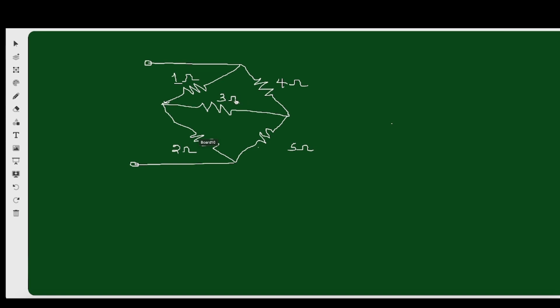It doesn't work that way. At the top is a delta shape, and the bottom too is a delta shape. So you have to choose which one you want to convert first. You can convert the bottom delta, and you can convert the top delta.